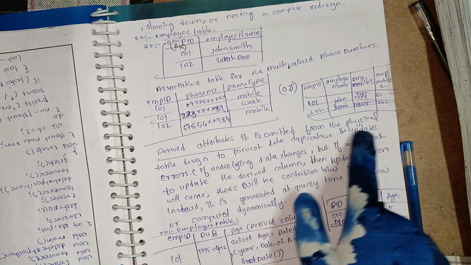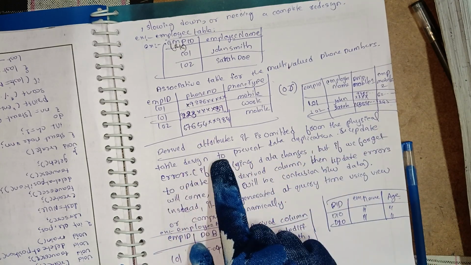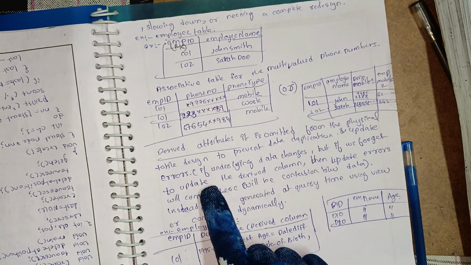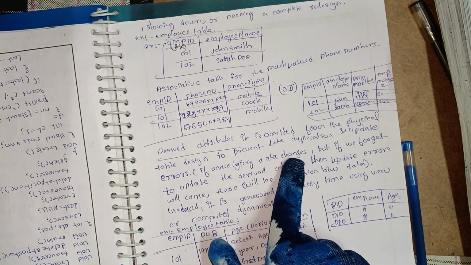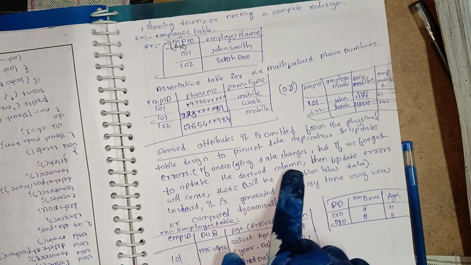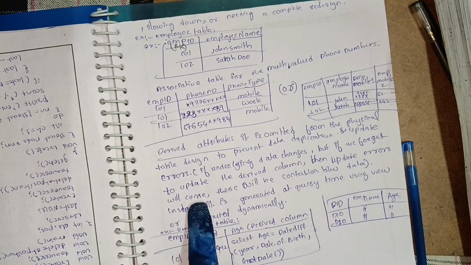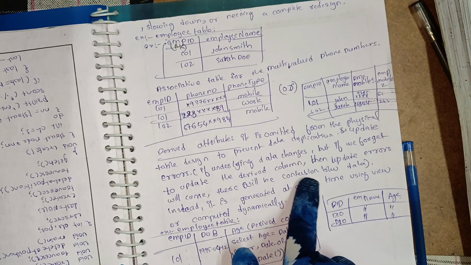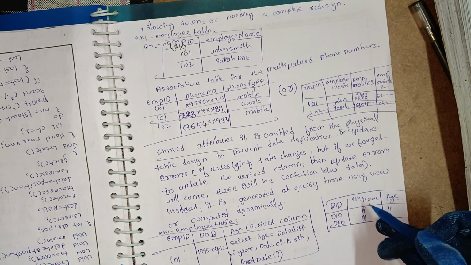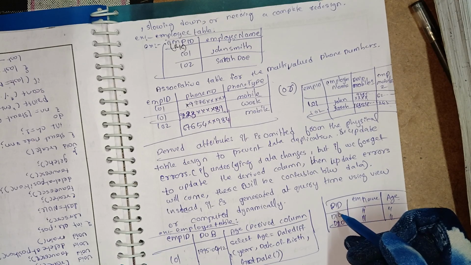And also to prevent update errors. An update error means if the underlying data changes but we forget to update the derived column, then update errors will come. There will be confusion between data. Underlying data means employee name or employee ID changes.